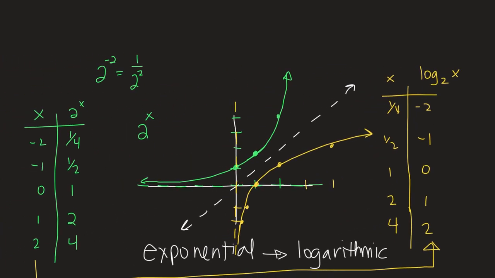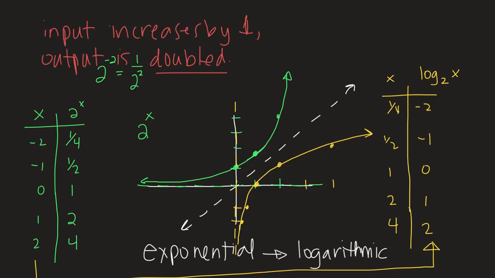So let's notice our inputs. Our inputs are there's 1 up for every input, right? They're increasing by 1. And what's happening to our exponential? Be multiplied by 2. But if we look at our inverse, as your outputs increase by 1, notice now we have our output increasing by 1.